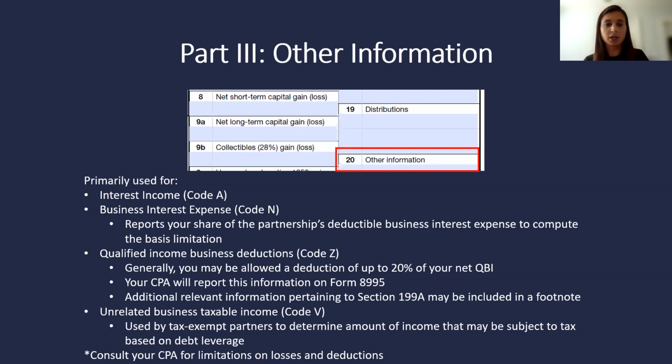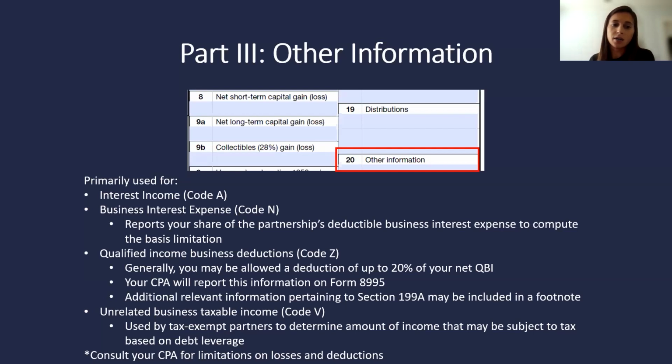Generally, you're allowed a deduction of up to 20% of your net QBI. Again, work with your CPA on this. They'll report the information on Form 8995, and typically will include any additional pertinent information in a footnote, section 199A footnote in the K-1.